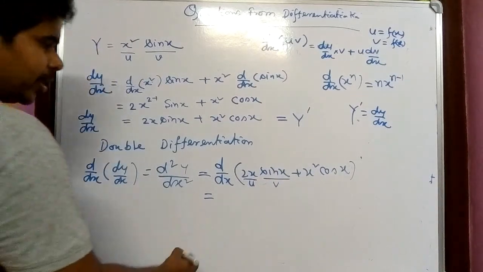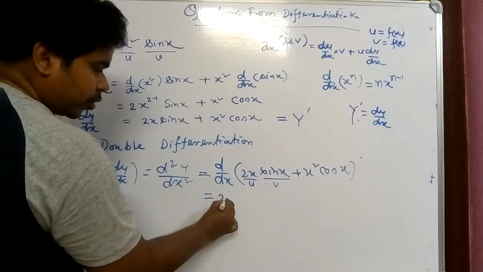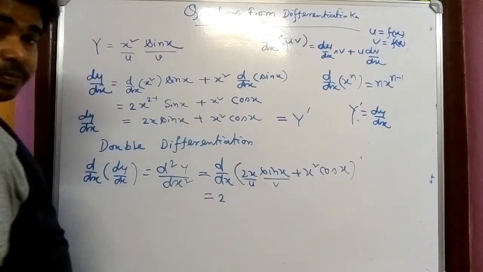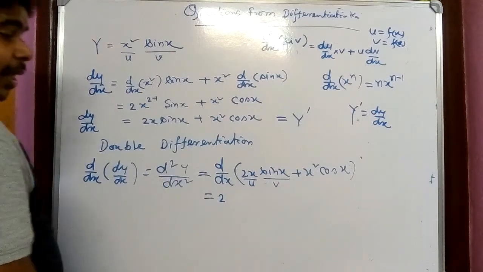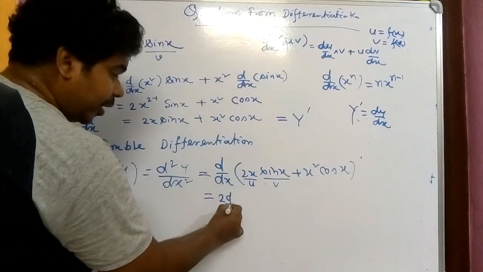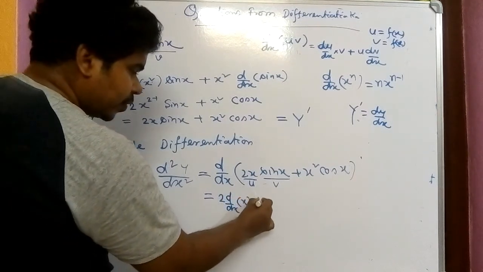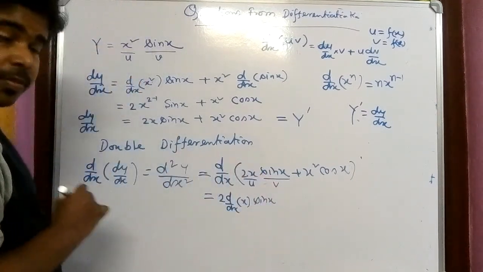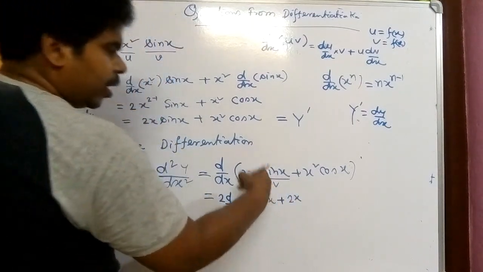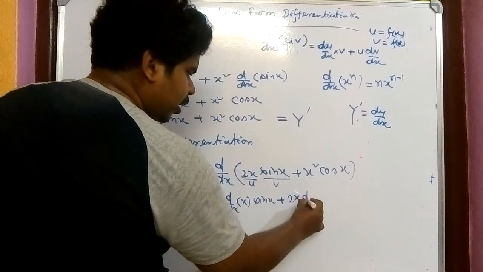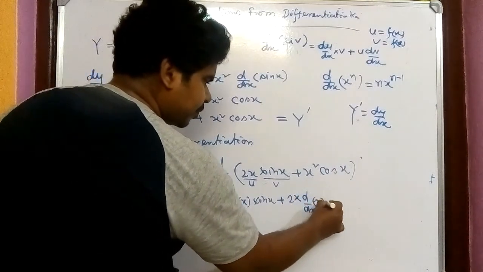If you do it directly, 2 is a constant. First we have to differentiate u, next x. So we can write d dx of x into sin x as it is, plus 2x will be the same, now the differentiation of sin x.